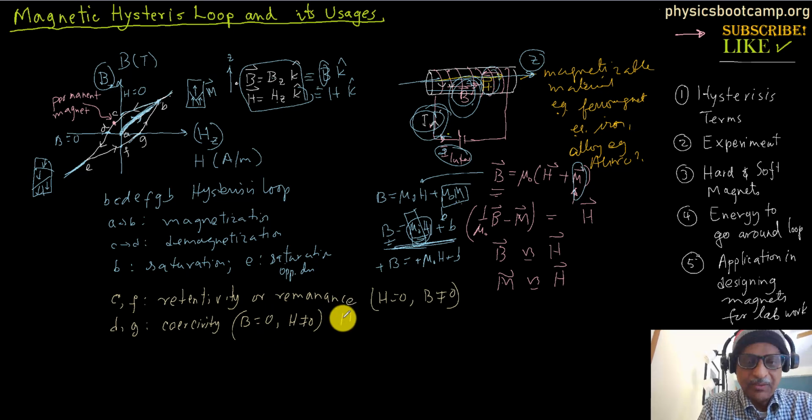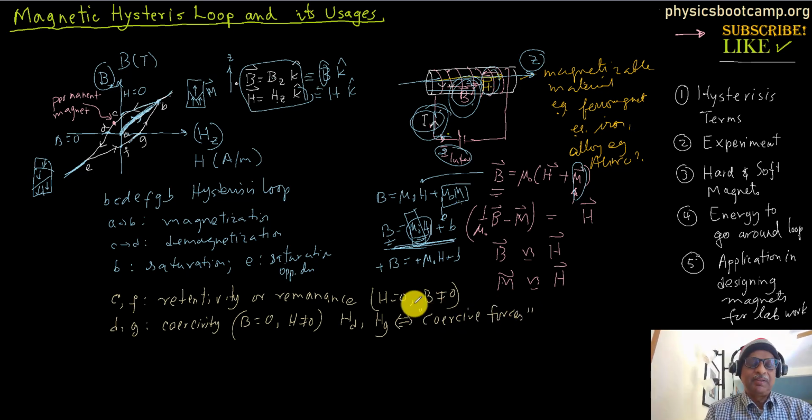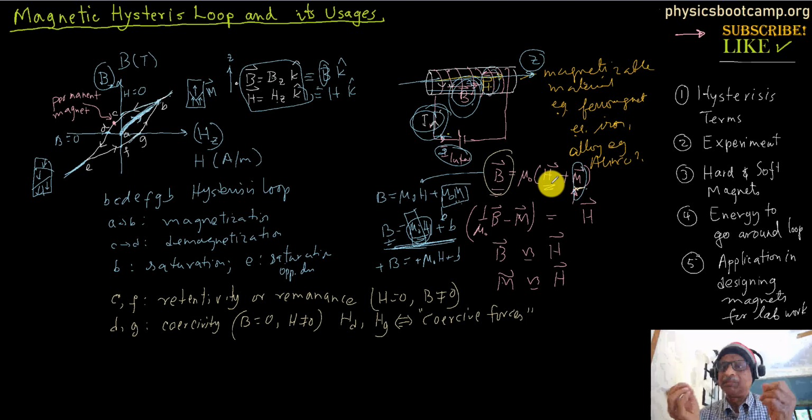So you have an H at point D and an H at point G. Now these are called coercive forces. So somehow H is preventing magnetization, overcoming the effect of magnetization. So what's happening here, if you look at this, B is 0, that means H is completely cancelling out the internal magnetization of the magnet.